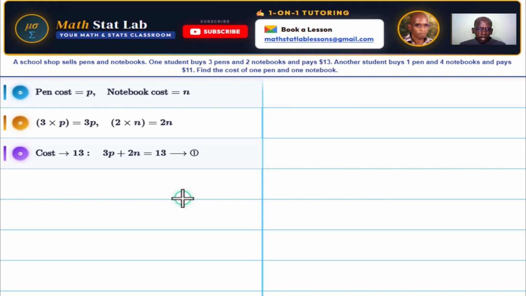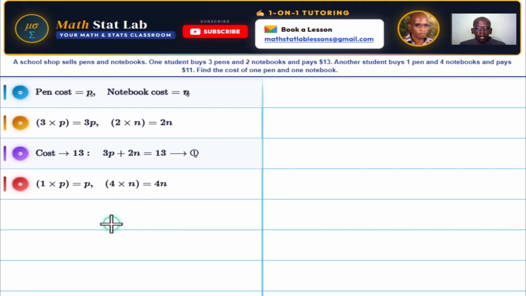So we go to the next equation. You are told another student buys 1 pen, meaning if the cost of 1 pen is P, then 1 multiplied by P, which is P, is the total cost he spent on pens. Then he goes ahead and buys 4 notebooks, meaning if the cost of 1 notebook is N and he bought 4 notebooks, then it will be 4 multiplied by N, which is 4N, the total cost of the notebooks he bought.